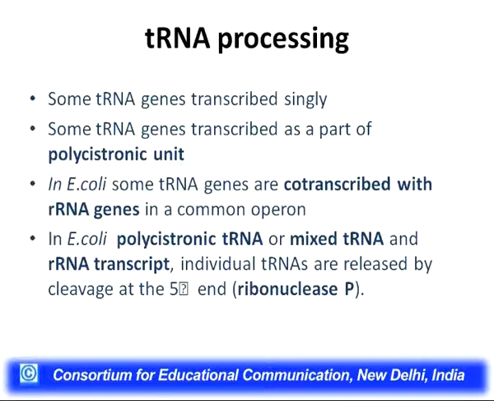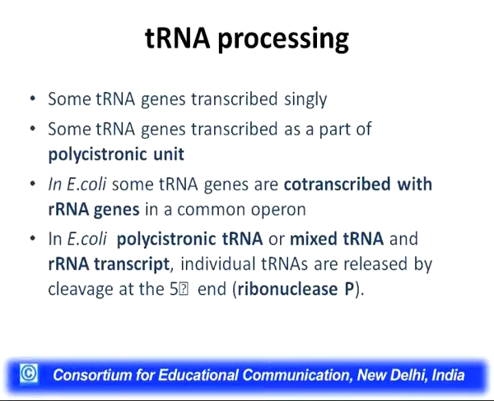Whereas many tRNA genes are also transcribed as a polycistronic unit, that means a number of genes are transcribed in tandem with each other. This is usually seen in prokaryotes. In E. coli, some tRNA genes are co-transcribed with rRNA genes also, and it is a common occurrence again in prokaryotes, and this is not found in eukaryotes.